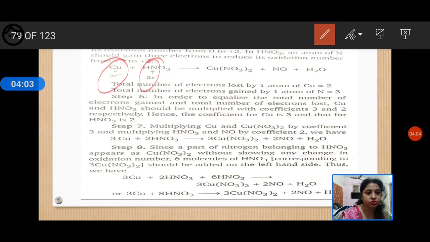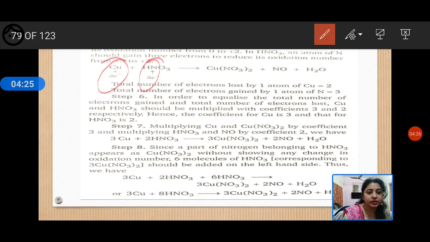You can see the total number of electrons lost by one atom of copper, from 0 becoming plus 2, is equal to 2, and the total number of electrons gained by one atom of nitrogen is equal to 3.